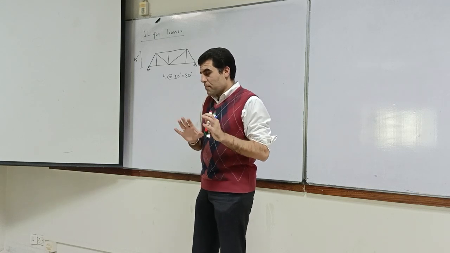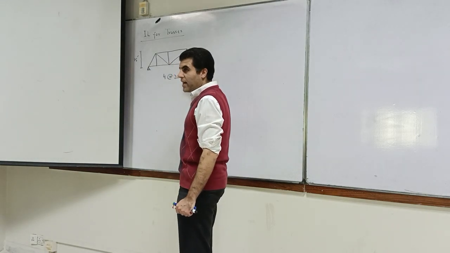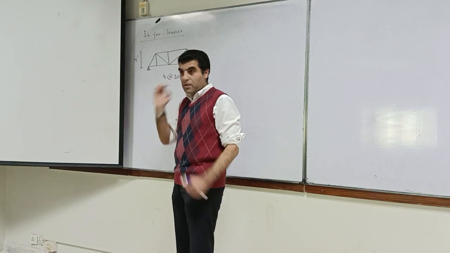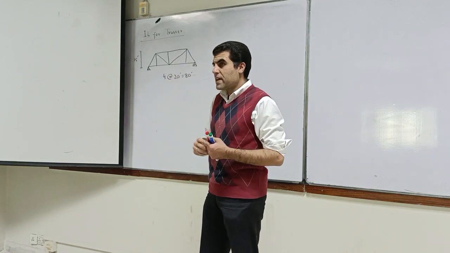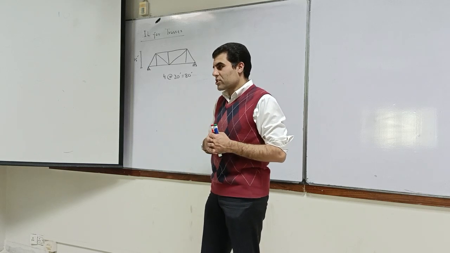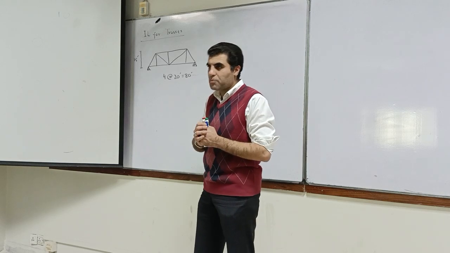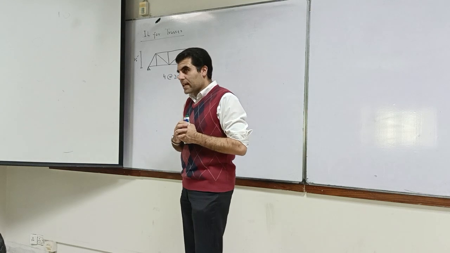We can use the Müller-Breslau principle for the reactions. Reactions are the same. In the case of the Müller-Breslau principle for beams, we had the restraint removed, and then we moved the structure by a unit displacement, and the deformed profile gave us the influence line diagram.